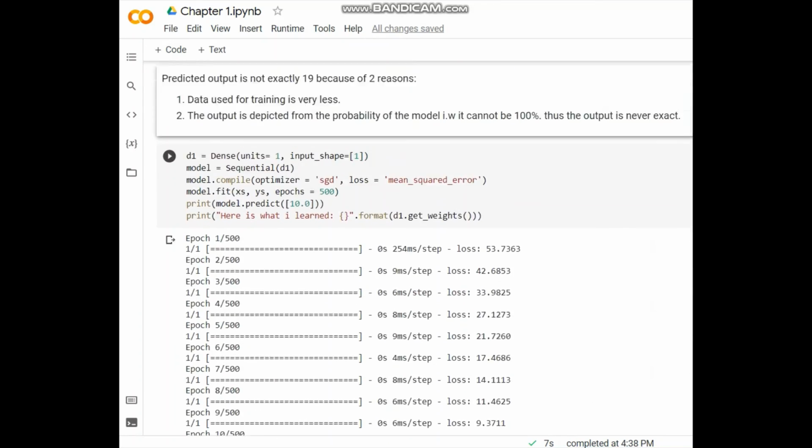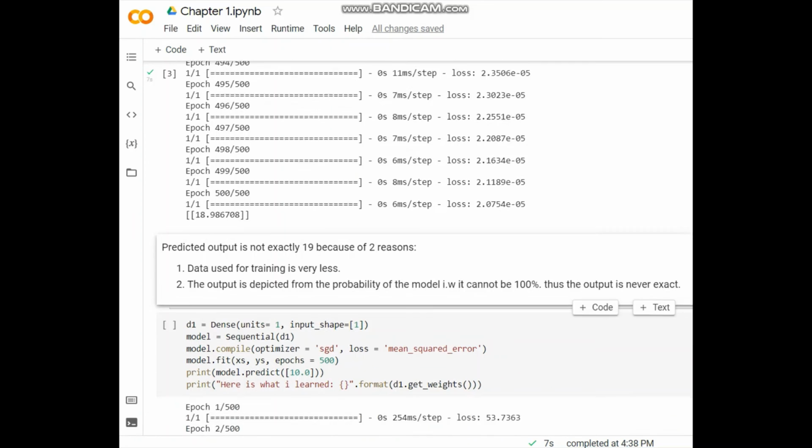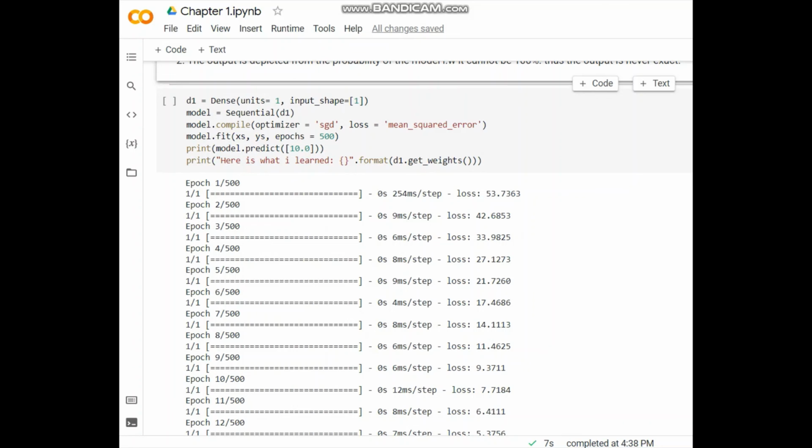And finally we can see here we have the value of 18.98. So it's approximately 19, touching 19 I would say, but not exactly 19, it's 18.98 because we have very little data to train upon, and we are using probability here. So we'll never get exactly, because the loss function is just guessing, it's a probability game of guessing.